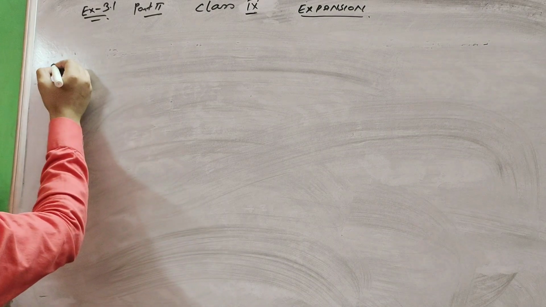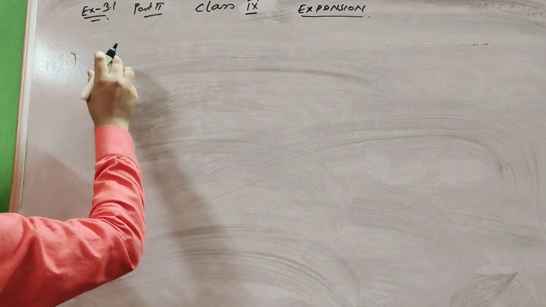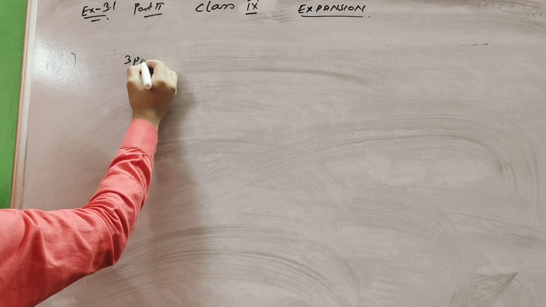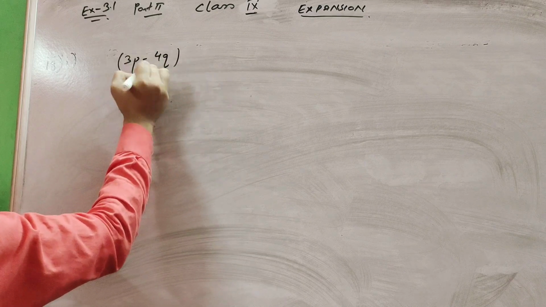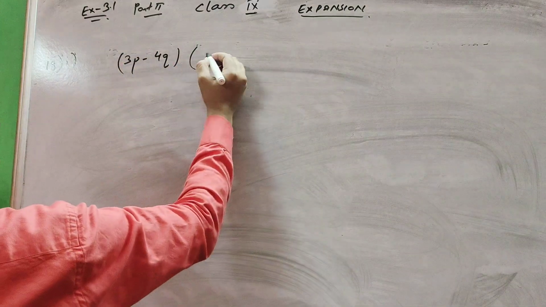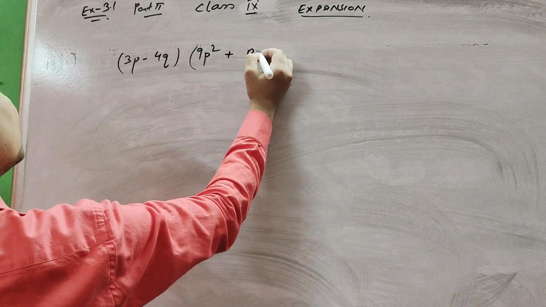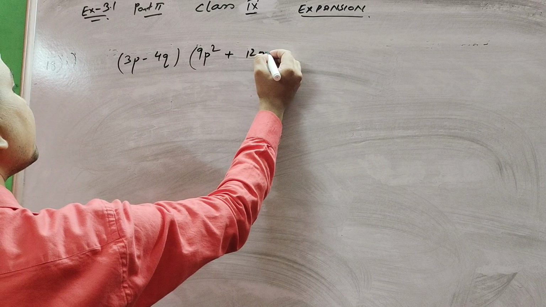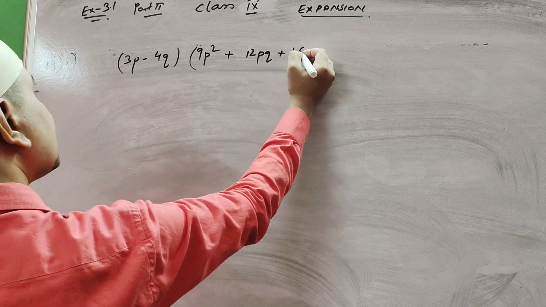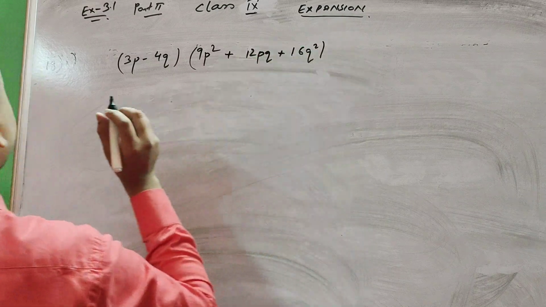Okay, question number 18 subpart 1. 3p minus 4q, 9p square plus 12pq plus 16q square.